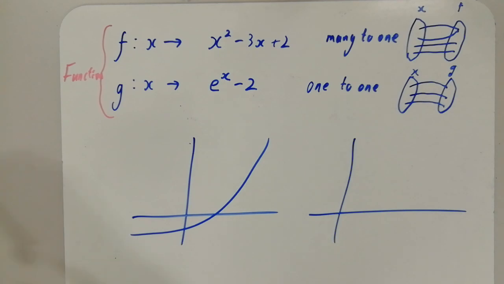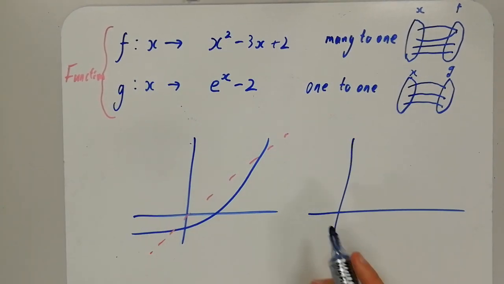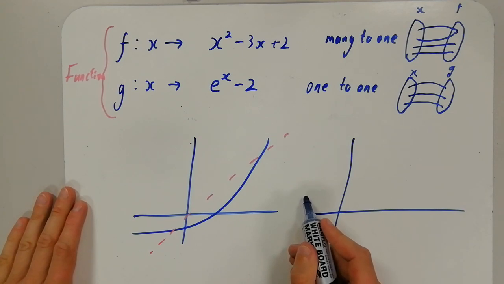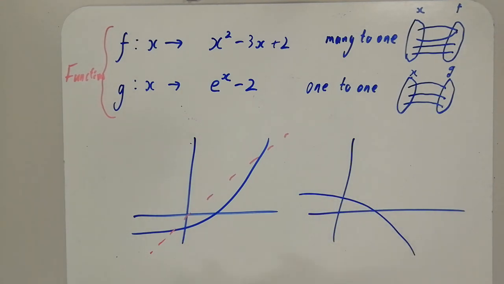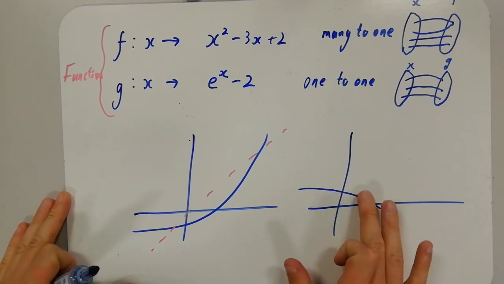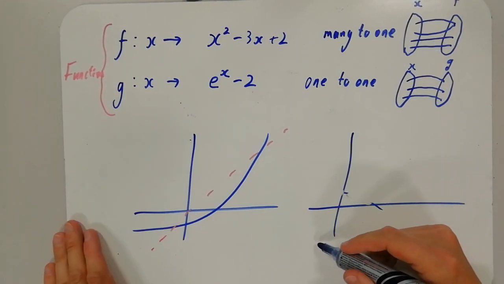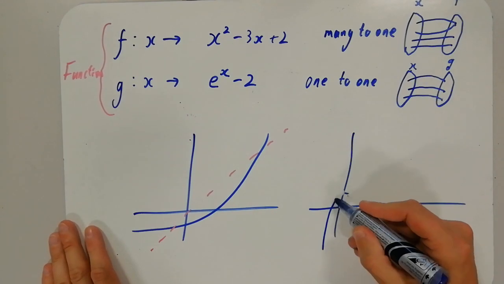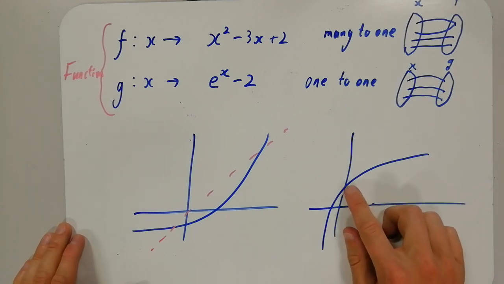So again, reflecting in the line. Terrible sketch. Reflecting in the line, that will be like that. Terrible first attempt.